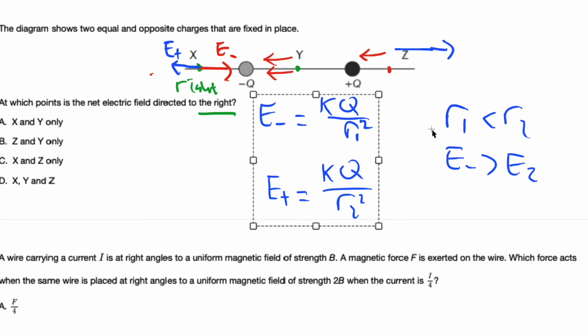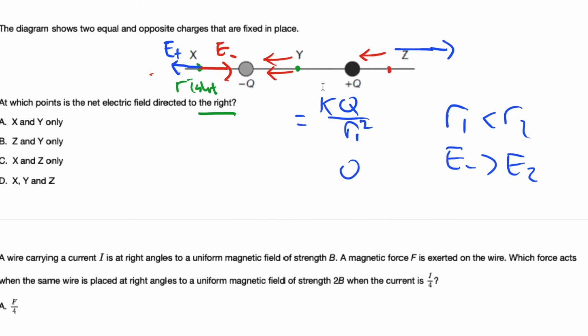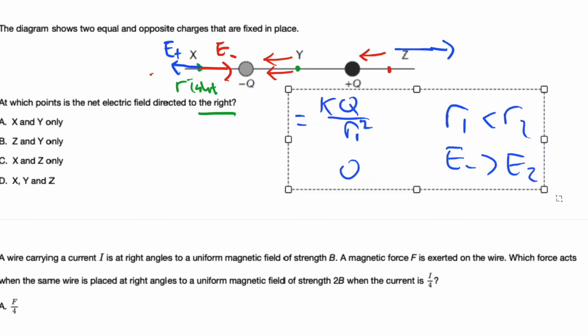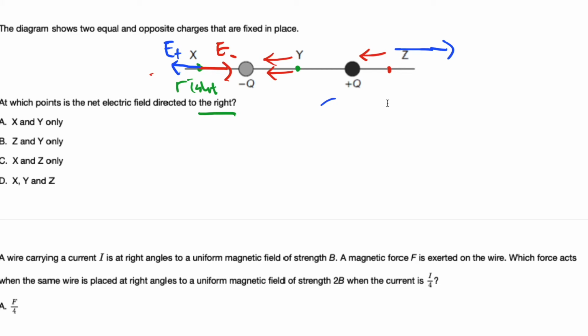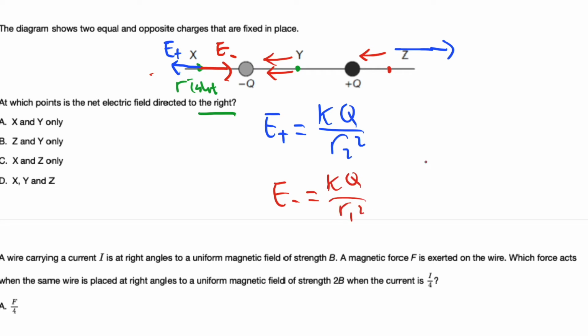So now, again, let's do the same thing. The electric field due to the positive charge is going to be equal to KQ over R2 squared. Due to the negative charge, it's going to be equal to KQ over R1 squared.